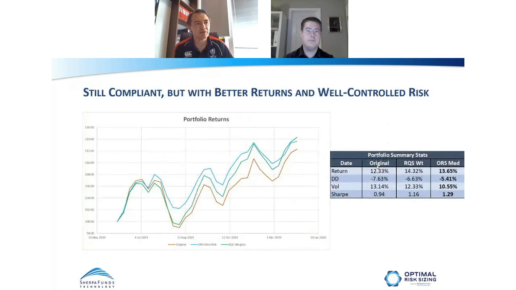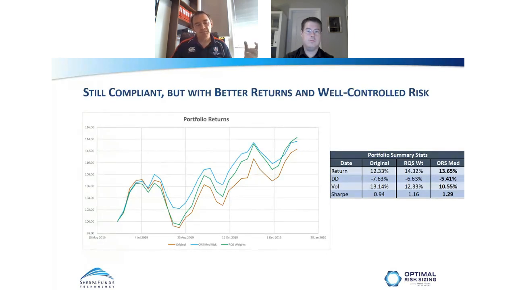How does it do? And again, this is real data. Well, we've got the original line, which is the red line. We've got the pure RQS line, which is the green line, but we know we can't actually do that, and it misses co-movement. And we've got the blue line, which is our portfolio. And you can see it has lower drawdown, it has lower vol, and performs as well, actually better than the original portfolio.